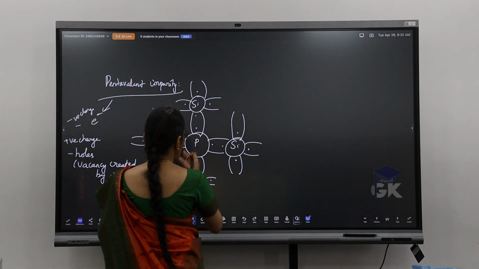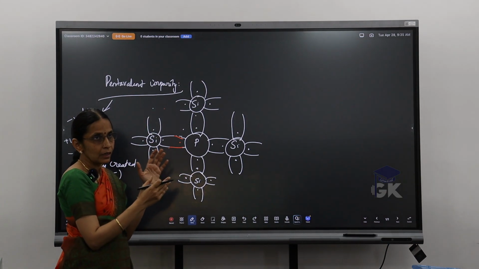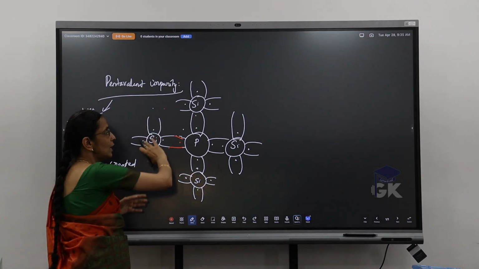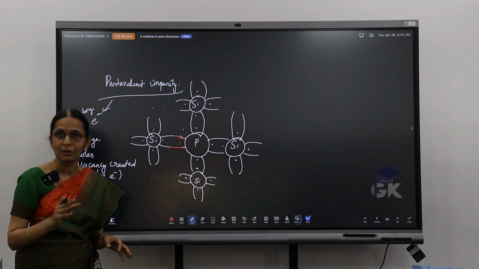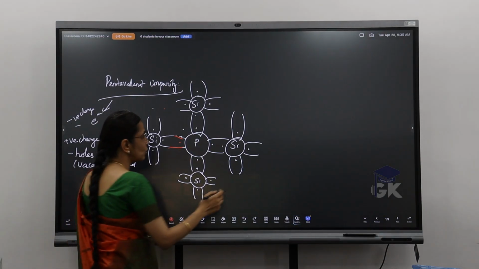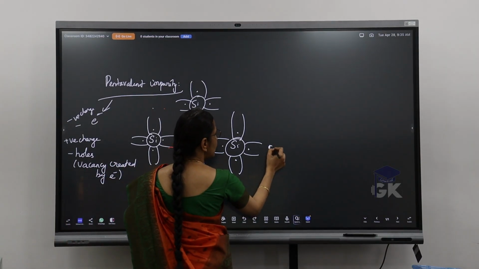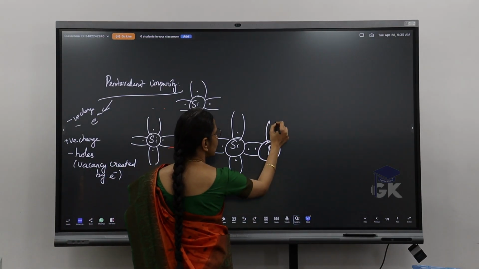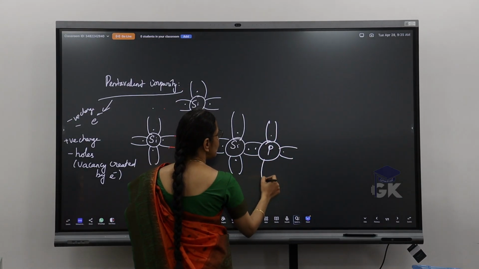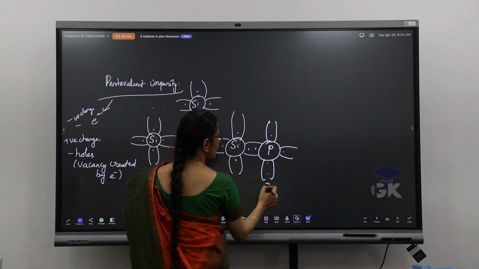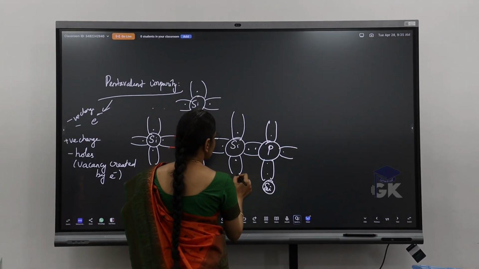Now what happens if I add this impurity? If I add this impurity, I will have a lot of electrons in my lattice. Let's say there is a phosphorus here. Similarly, let's say I have a phosphorus compound over here, which forms a covalent bond with my nearby silicon.